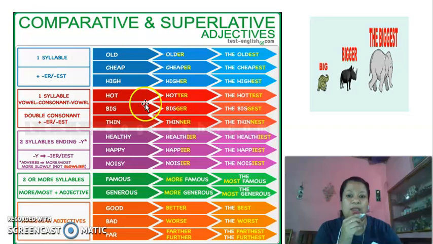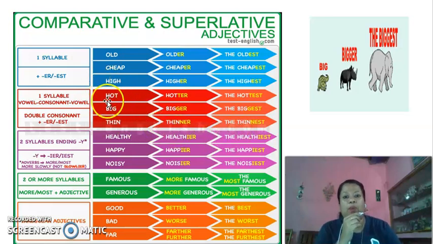Okay, the last consonant will become double. For example, over here, T has become TT, and it follows again the ER and the EST system. Okay, hot, hotter, hottest. Again, we have big, consonant, vowel, consonant. G is the last consonant, so it becomes GG, bigger, biggest, thin, thinner, thinnest.